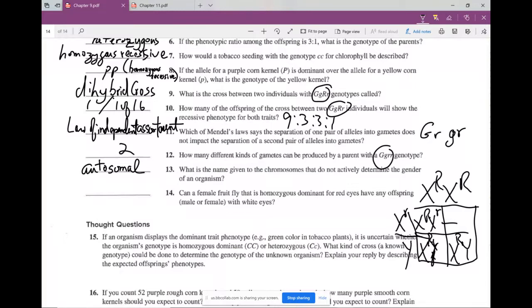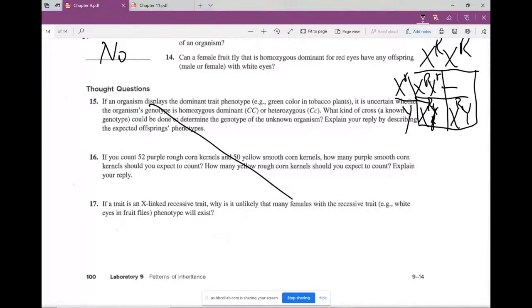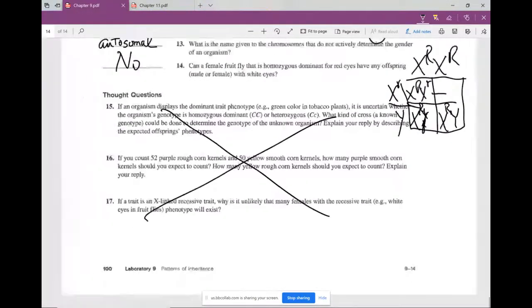So can the female fruit fly that is homozygous dominant for red eyes have any offspring with white eyes? The answer is no. Okay. All right, we can skip this.